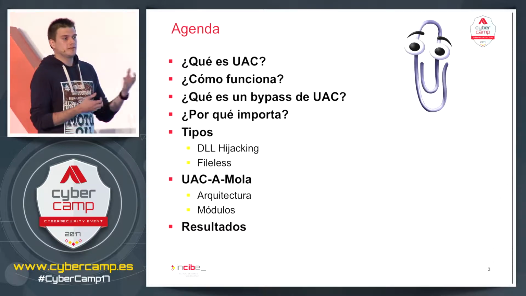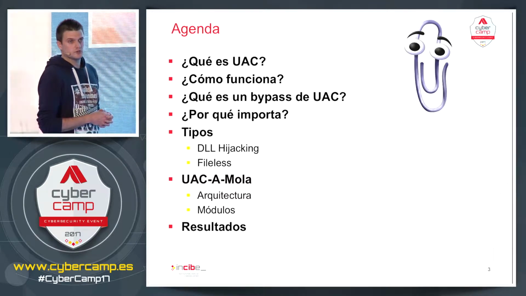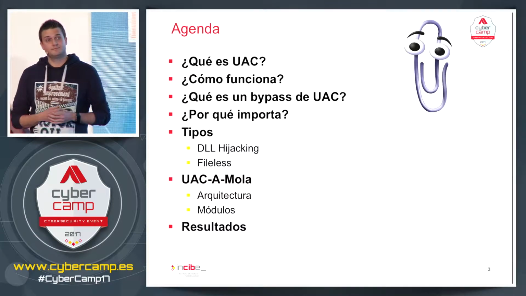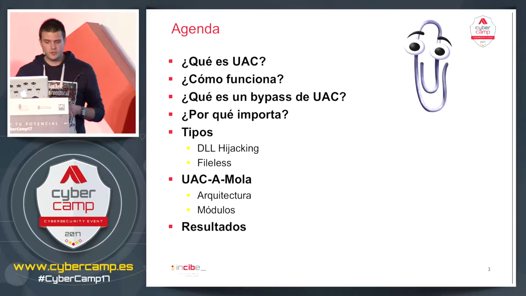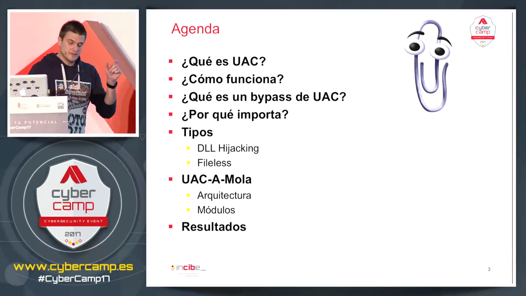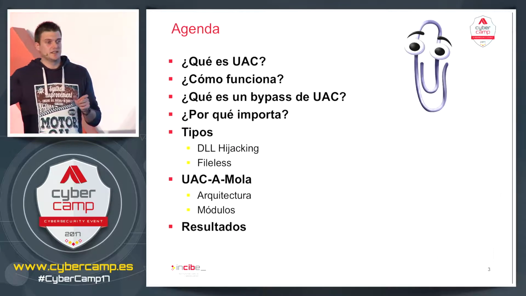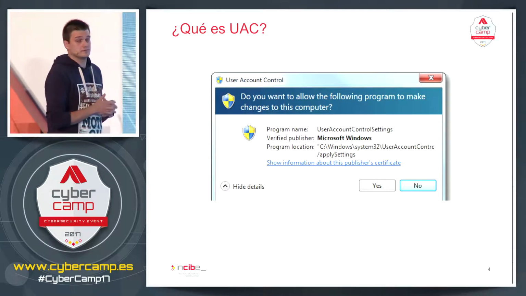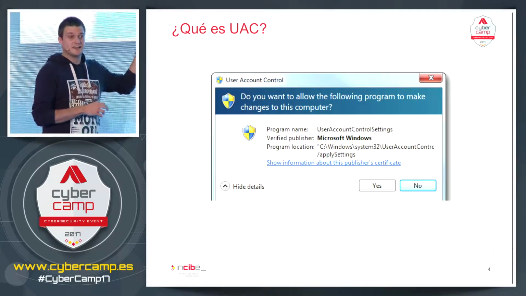And then what is UAC-A-Mola? What is it, how can you download it, how can you play with the modules, and what's the architecture like? And finally, I'm going to give you some results from the different studies of the tool.